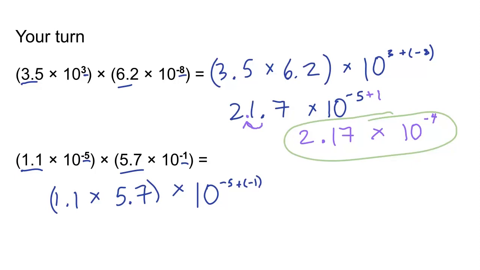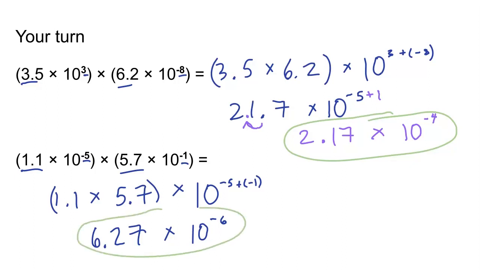And 1.1 times 5.7 is 6.27 times 10, and -5 plus -1 is -6. So your final answer is 6.27 times 10 to the -6th power.